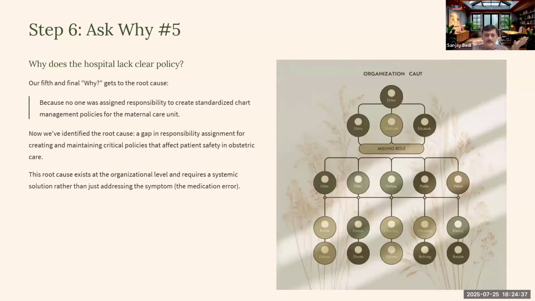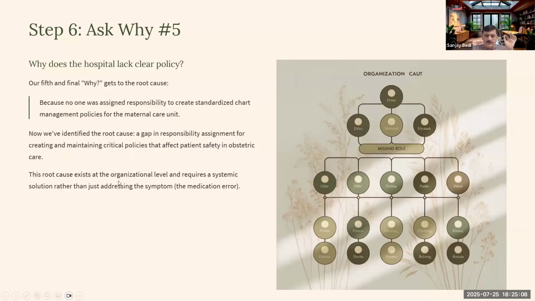The next why is: why does the hospital lack a clear policy? That is the final why, because no one was assigned the responsibility to create standardized chart management policies for maternal care units. And now we have identified a root gap, the gap in responsibility assignment for creating and maintaining critical policies that affect patient safety in obstetric care.